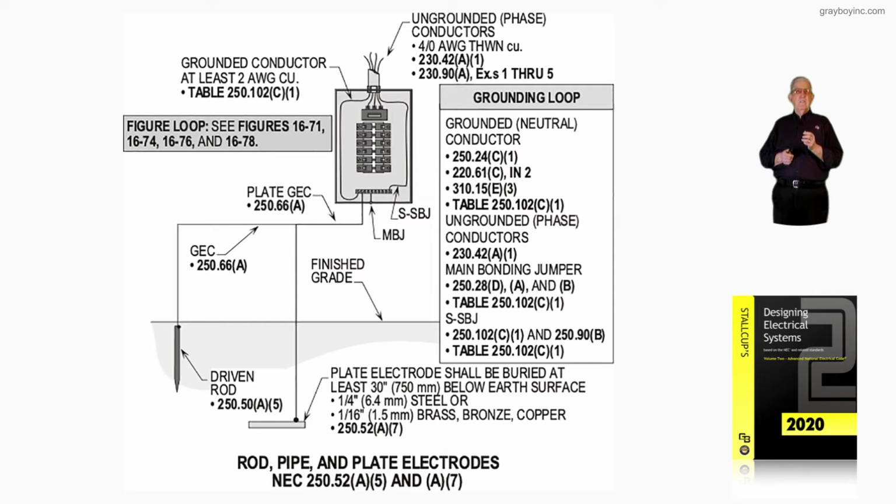The grounded conductor has to be at least a number 2 in accordance with Table 250.102(C)(1) because we're consistently using 4-aught conductors. Now, everything you see on that panel board would have to be at least number 2, except for the grounding electrode conductor, which would connect to a driven rod, a plate, or a pipe, and it would be number 6.